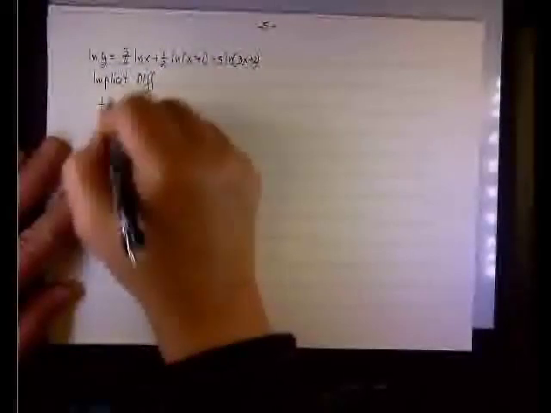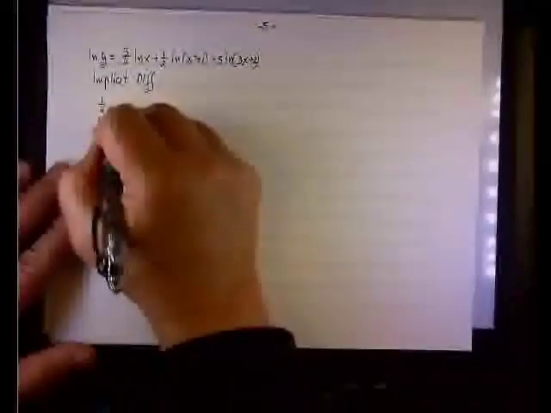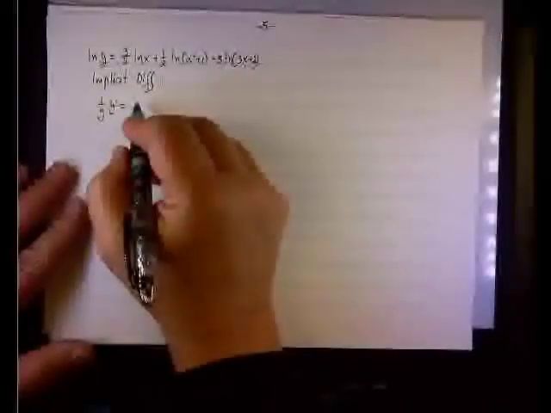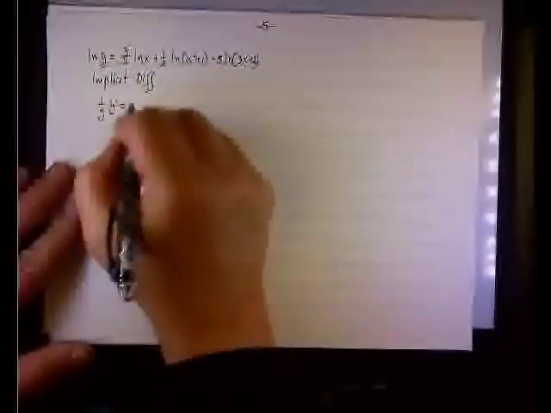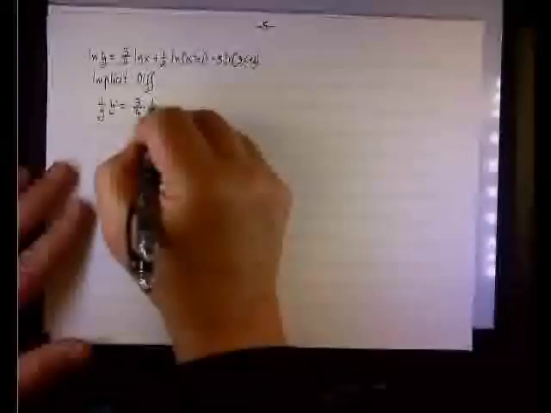Well, it will be 1 over y times dy/dx, so we'll call it y prime. And now we take the derivative term by term here. The derivative of natural log of x is 1 over x, so we have 3/4 times 1 over x.